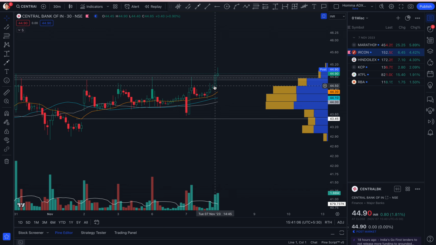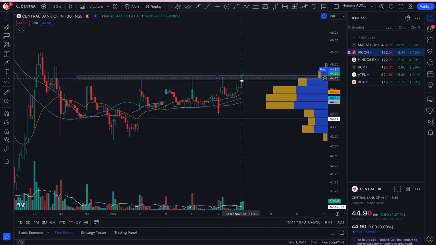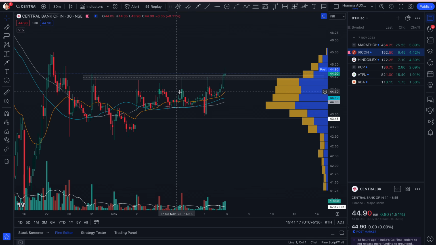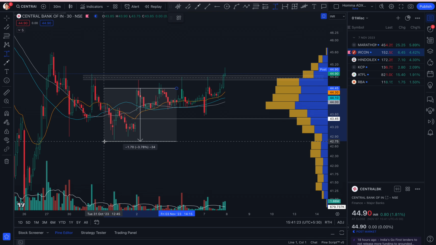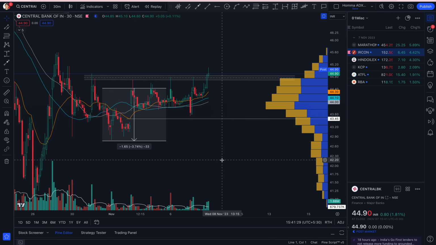At the end of the day, bigger volumes came and pushed the price above this, so I decided to carry it. Yesterday the position was at 44.3, and my stop loss was this low, 42.7, which was like a 3-4% stop.